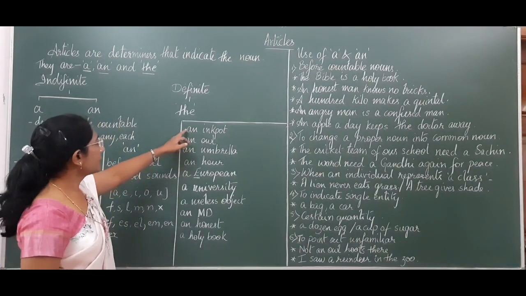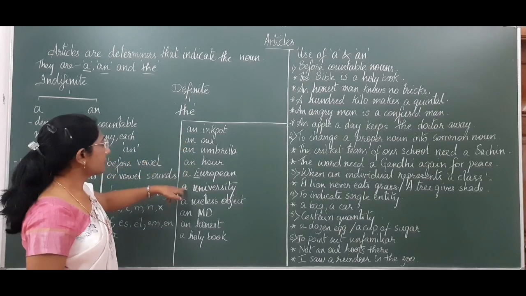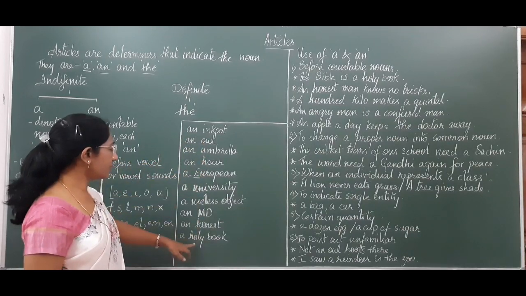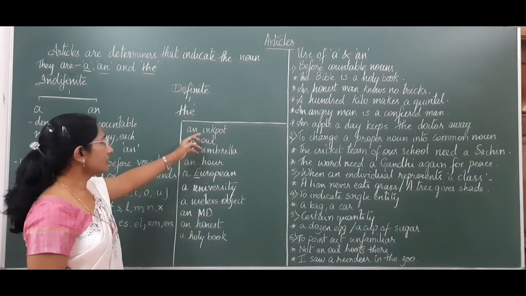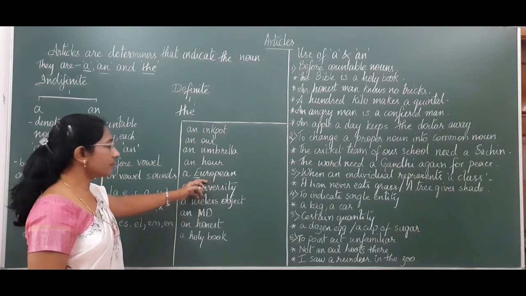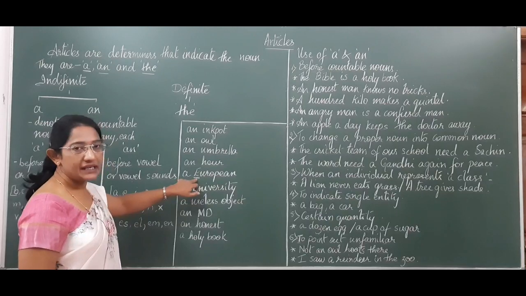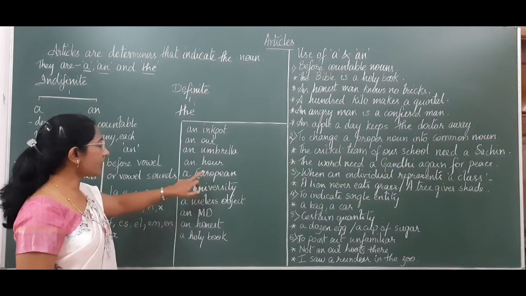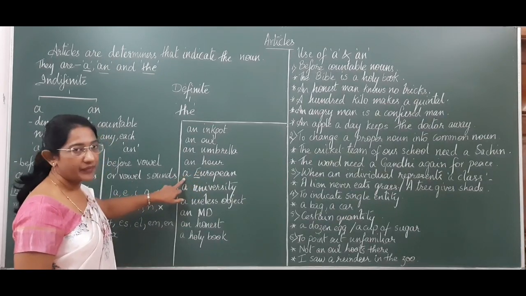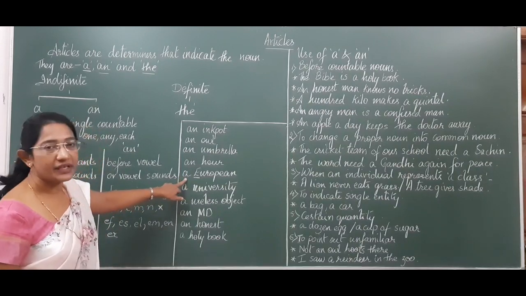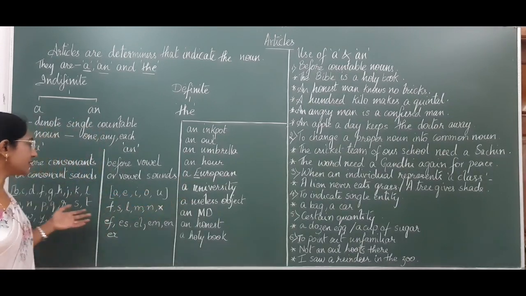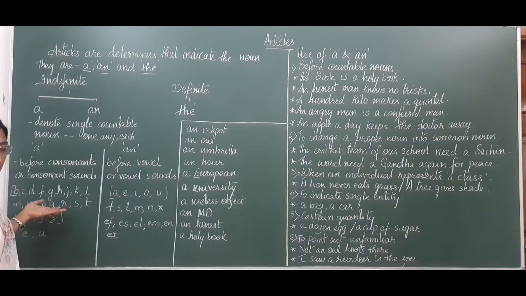Here are a few indefinite articles used with words beginning with vowel sounds and with consonant sounds. We see E, which is a vowel, still carries A. So, indefinite article A is always used with a consonant sound.